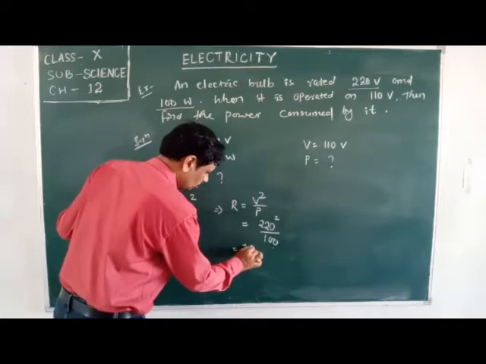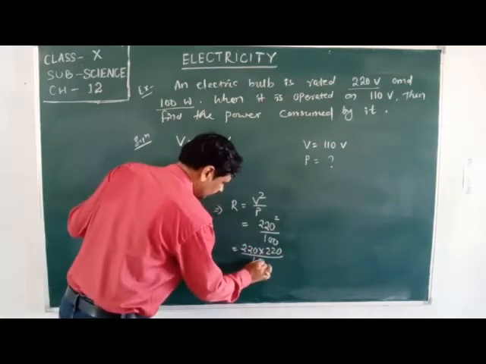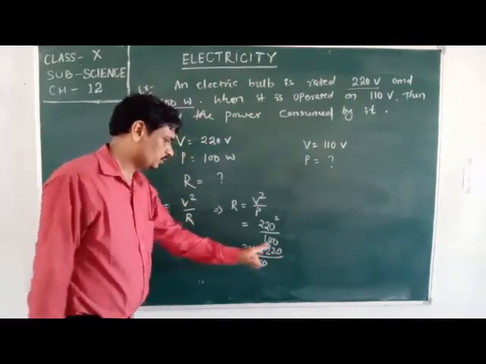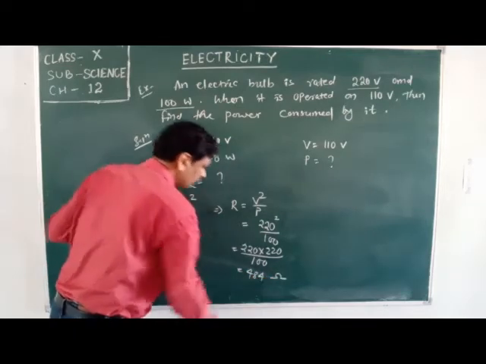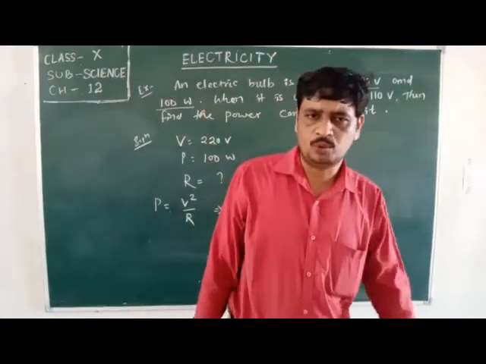This is equal to 220 into 220 by 100. Here the zeros will cancel, remaining 22 into 22. This is equal to 484 ohm. Now we got the value of resistance as 484 ohm.